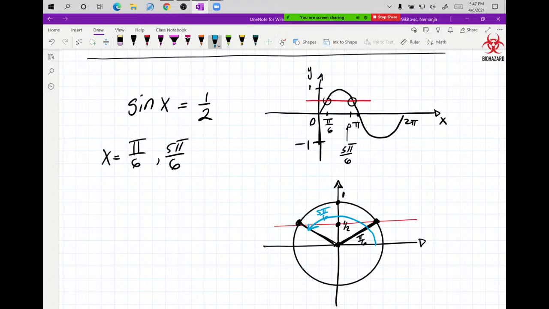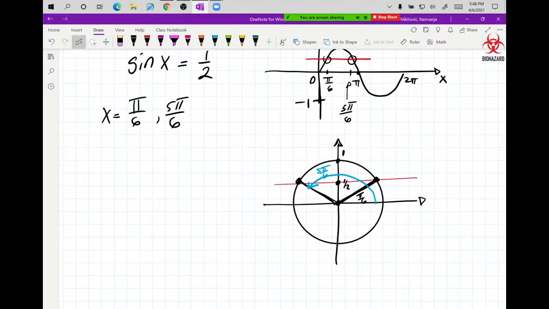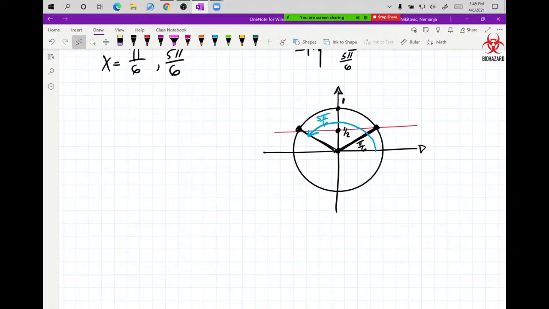Now, that's another way to come up with the same solution and to also know that there are two solutions. So that's already two ways. And now the third way of solving the same equation is to apply inverse sine on both sides.